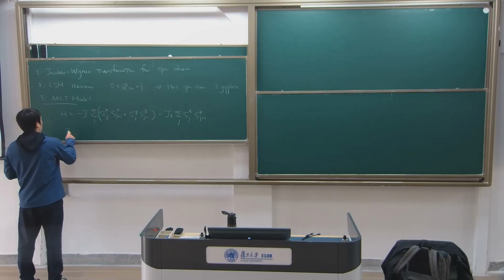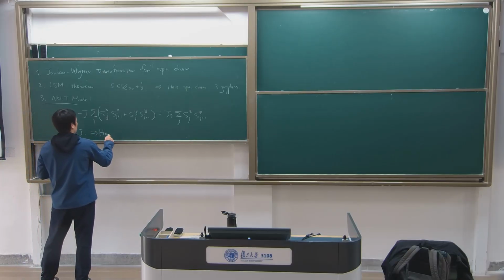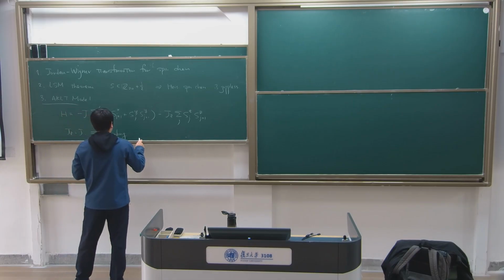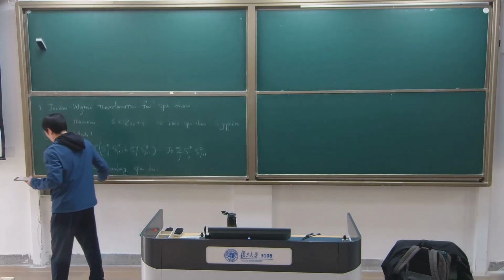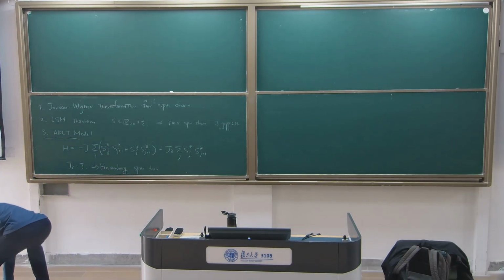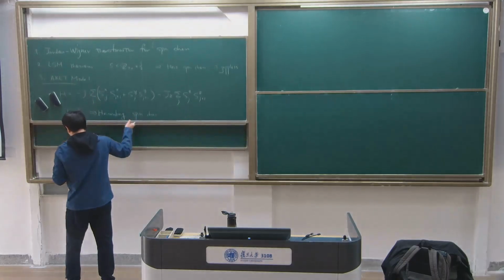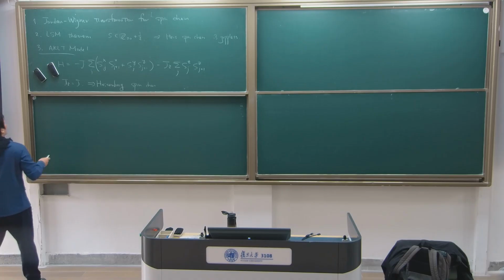So when Jc is equal to J, it's nothing but the Hamiltonian chain.